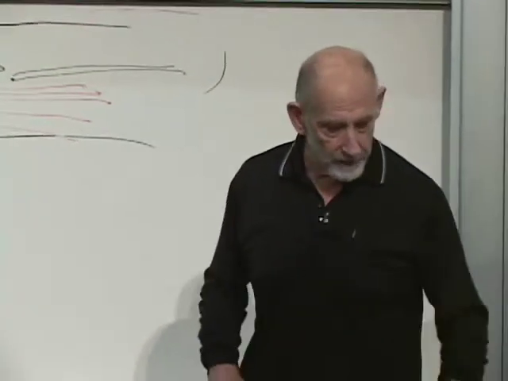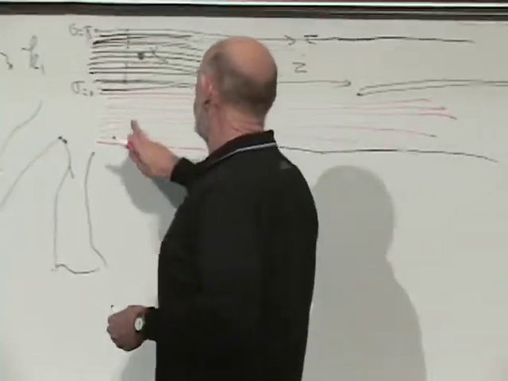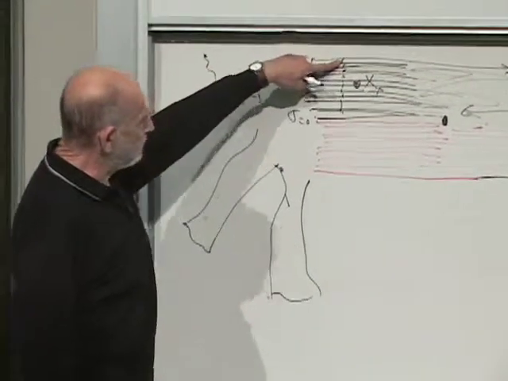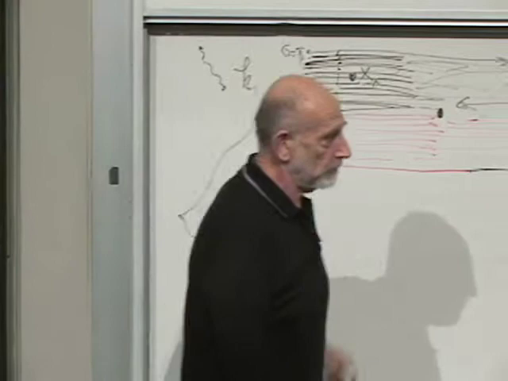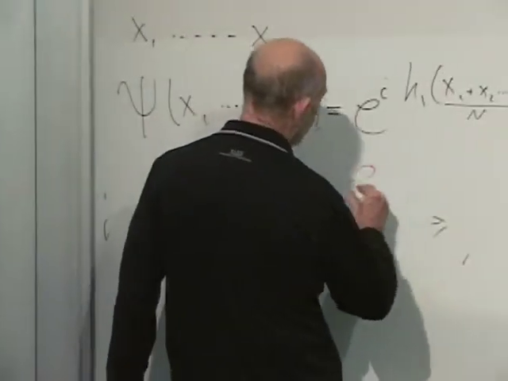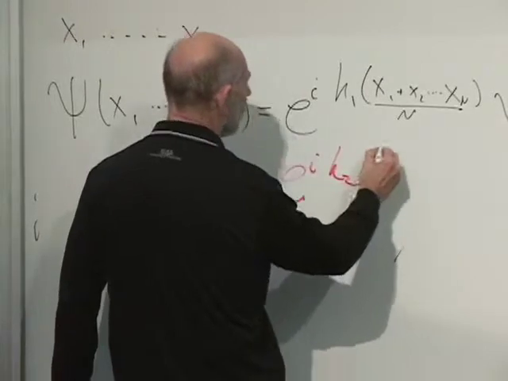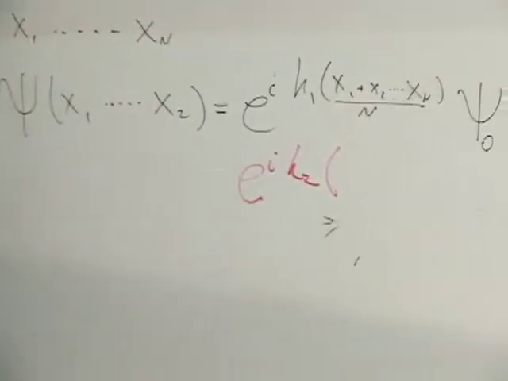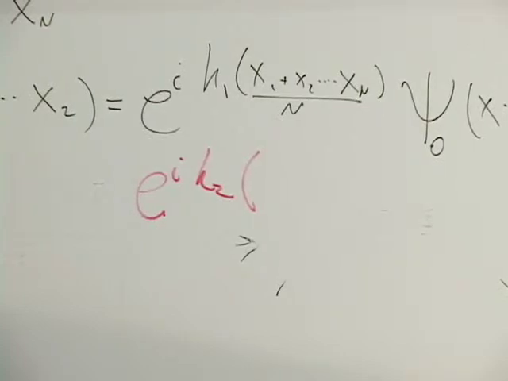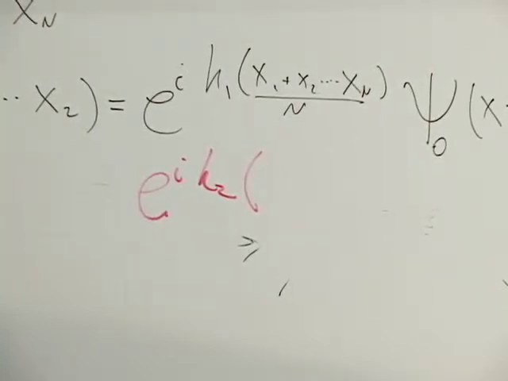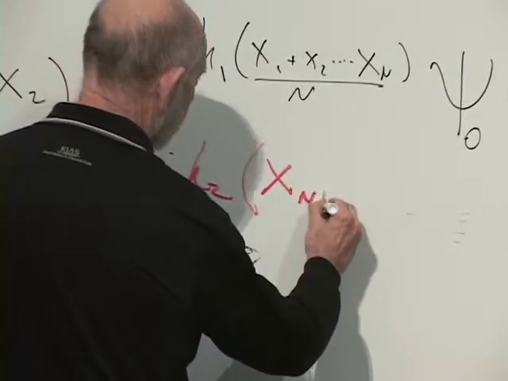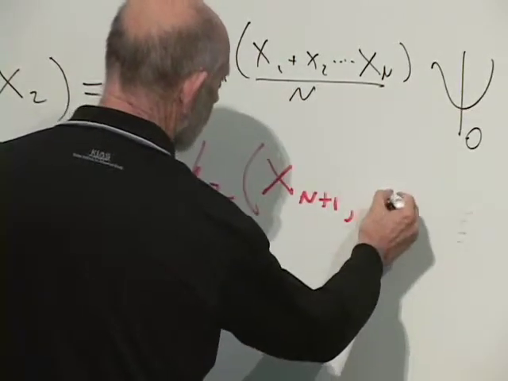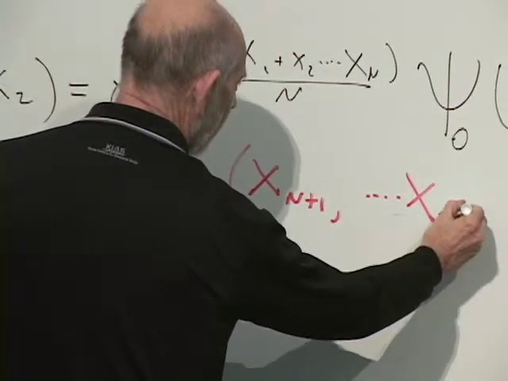What about the wave function of the second particle? It's exactly the same kind of thing, except it doesn't depend on these coordinates. It depends on the coordinates of the red particles here. So let's write it down. It's e to the i k2. Now, what shall I write? Shall I write x1 through xn? No, that's the original particle. Those are the original constituents of the first string. I want the constituents of the second string. So let's write x(n+1), x(n+2), all the way up to x2n.